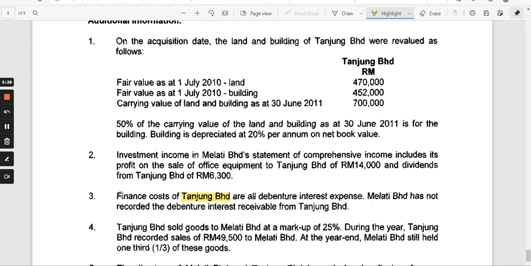It's everything is debenture interest, no other expenses except for debenture interest. Melati has not recorded the debenture interest receivable from Tanjung. This intercompany transaction, when you report them in the consolidated statement, will not be reported, the intercompany debenture interest.